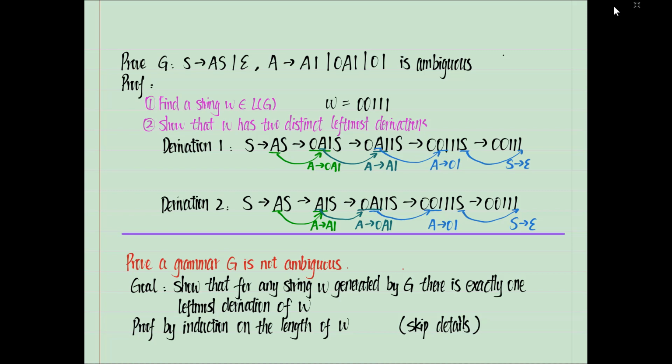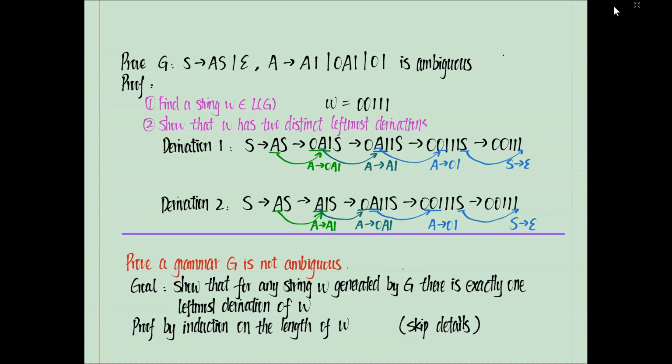And we apply the rule A to 0A1. So we have 0A11S. Then we apply the rule A to 01, so we have 00111S. Again, since this one contains our string w as a substring, I only need to eliminate the final variable S.